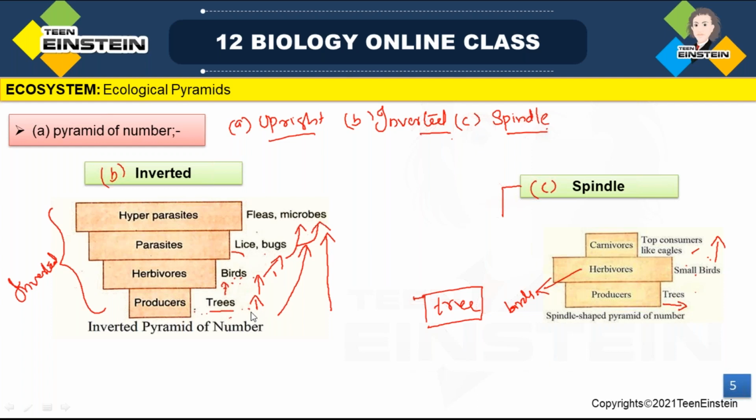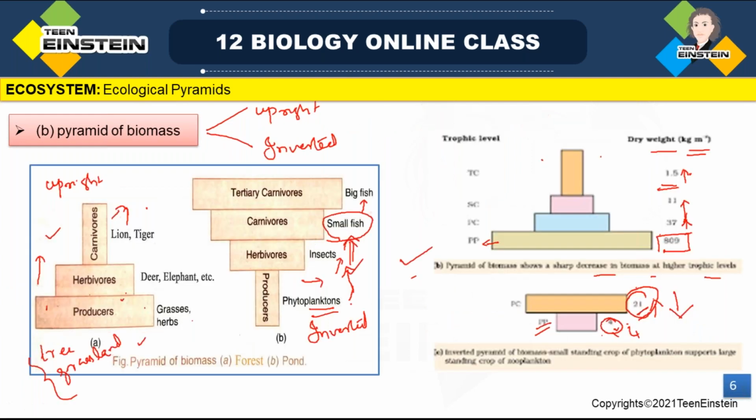Or they may ask about a pond, or a grassland. In the case of a pyramid of biomass, for a grassland, whether it is an upright one or an inverted one. So you have to get an idea. You should have a clear idea about the concept. In the case of biomass, biomass in the sense it is weight. We are considering the dry weight.